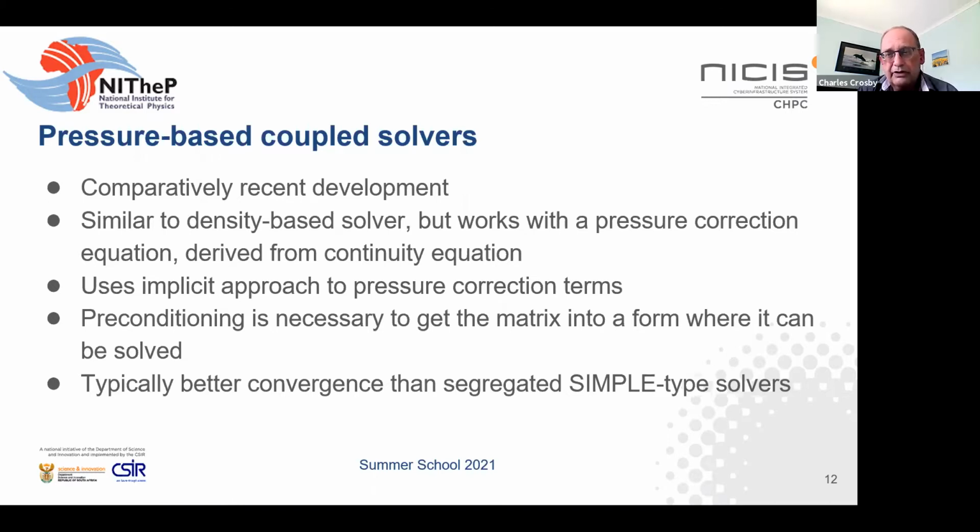So applying some of the thinking of both methods together have now given us pressure-based coupled solvers. And these today would be, in most methods where they're available, probably your starting point. It's a quite close run thing whether you'd be using a pressure-based coupled solver or a segregated solver, like a SIMPLE family of solver, when you're dealing with an incompressible flow.